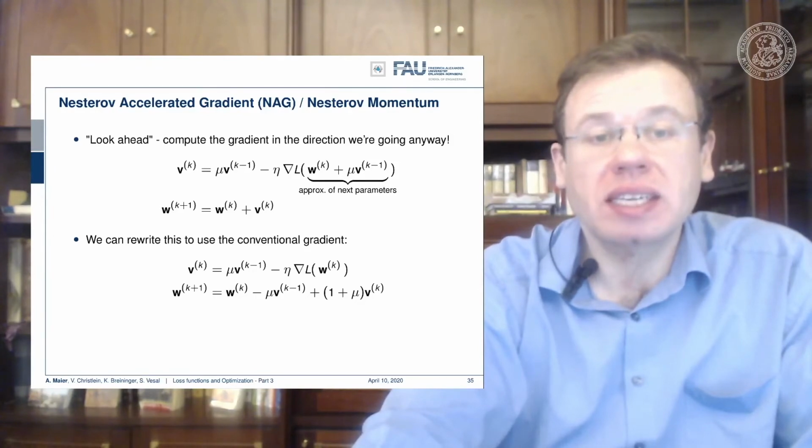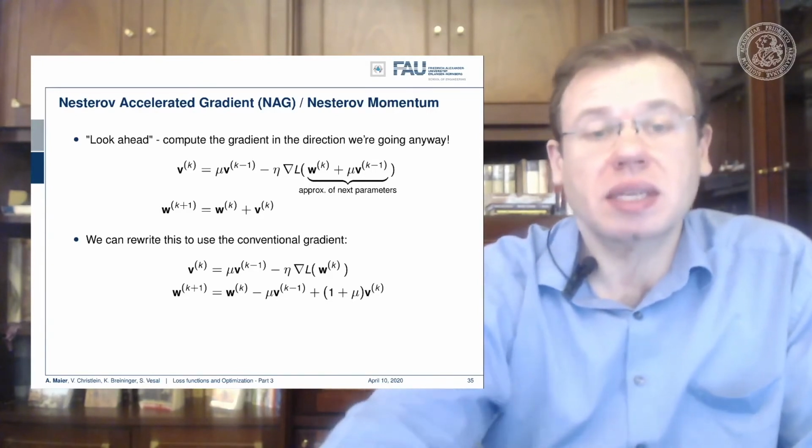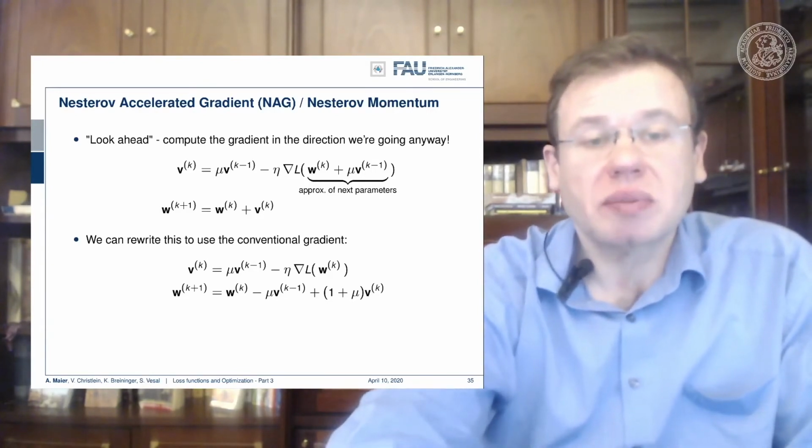We use the look ahead here, and then we perform the gradient update. You can rewrite this to use the conventional gradient, and the idea here is to put the Nesterov acceleration directly into the gradient update, because this term will then be used in the next gradient update step. This would be an equivalent formulation.